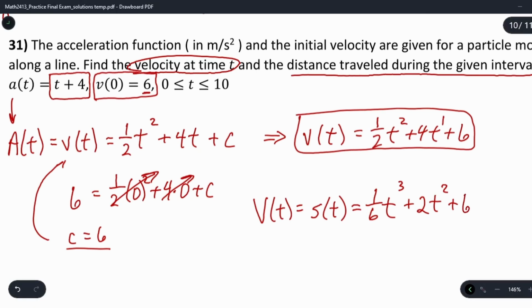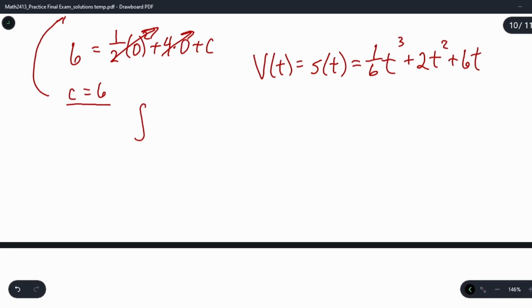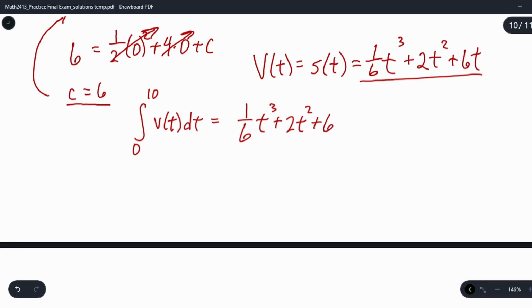The 6 is going to get a t, and we don't need the plus c since this time we're doing a definite integral from 0 to 10. So the distance traveled would be the integral from 0 to 10 of the velocity equation with respect to t, which we now have the antiderivative, would be 1/6 t cubed plus 2t squared plus 6t, all of that evaluated from 0 to 10.